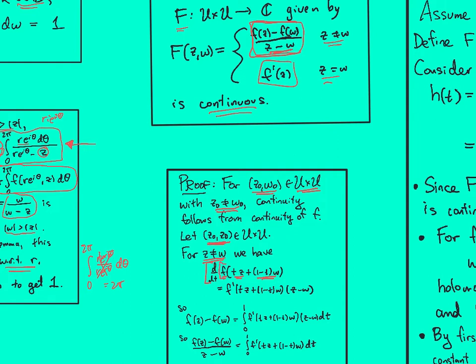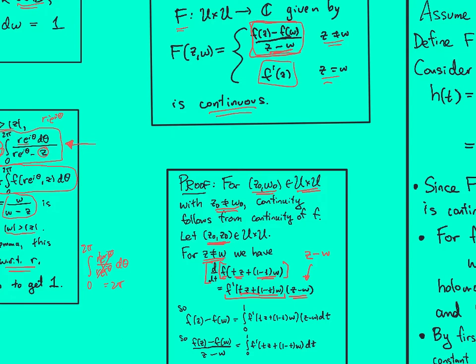So if I take the derivative of this with respect to t, again with the generalized chain rule, I'll get the complex derivative of f on the line segment times z minus w. That's just going in here and taking the derivative of tz to get z, and the derivative of 1 minus t times w to get minus w.